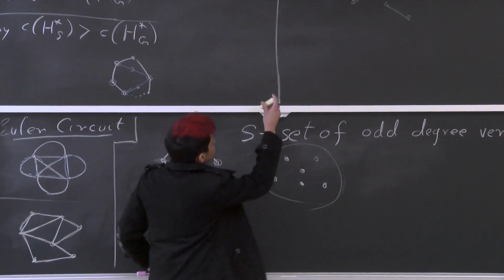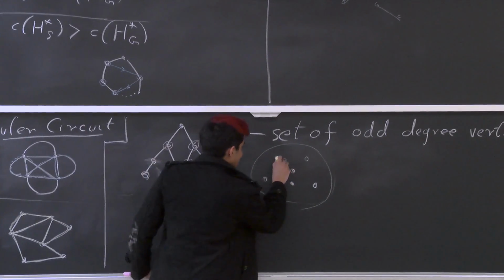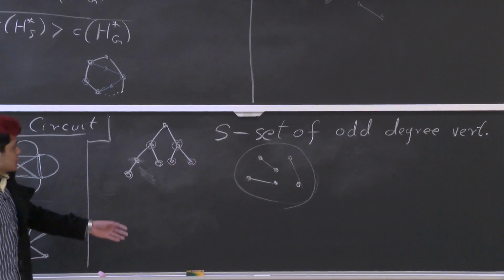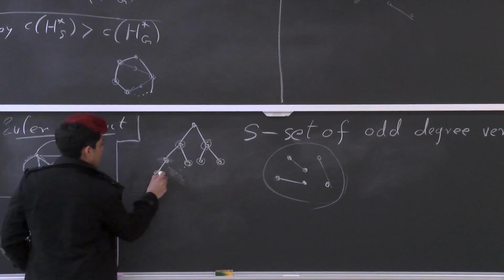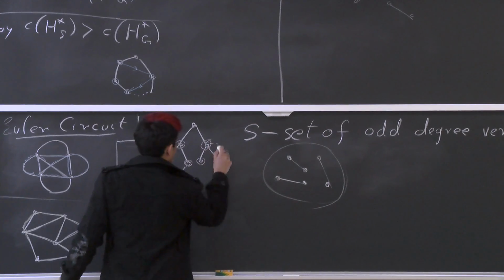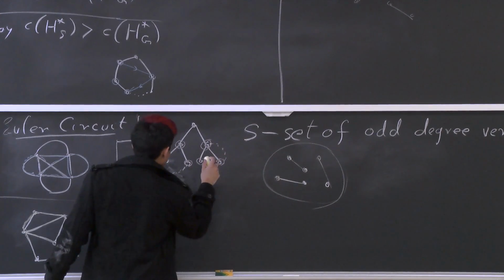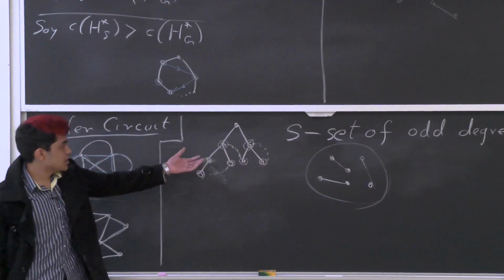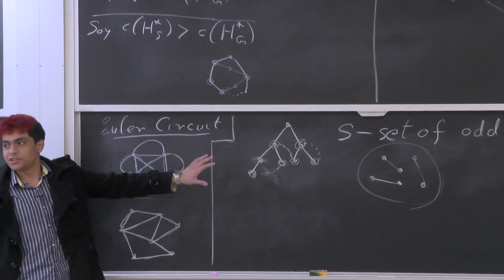Now you find the perfect matching with your polynomial time algorithm, and you get something. So you can now add those edges back in here. So those are your new edges, and let's say, and something, this one. Okay, so you get 3 new edges, and now realize that all the degrees are now even.